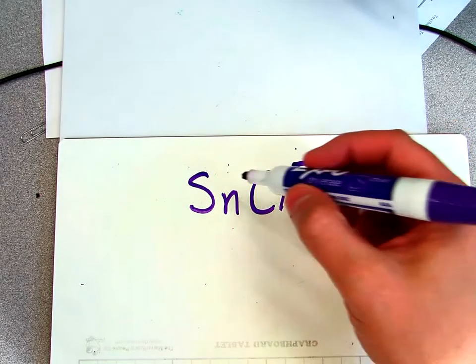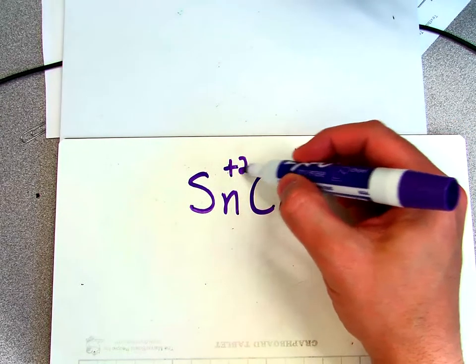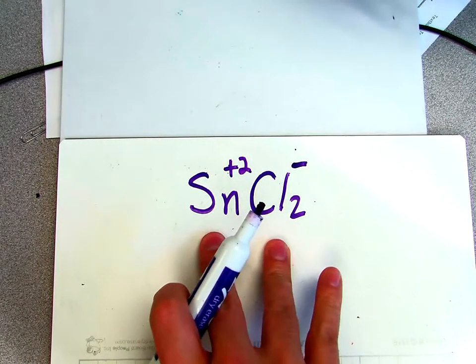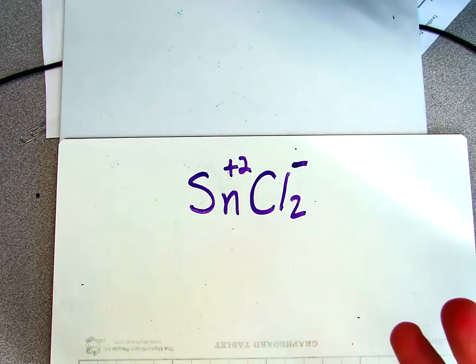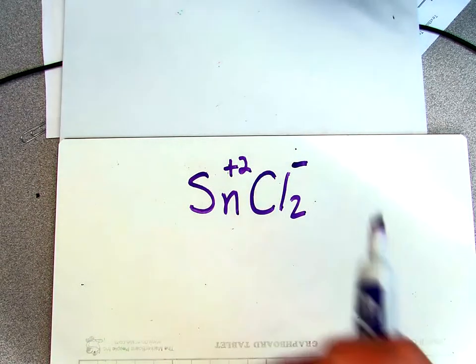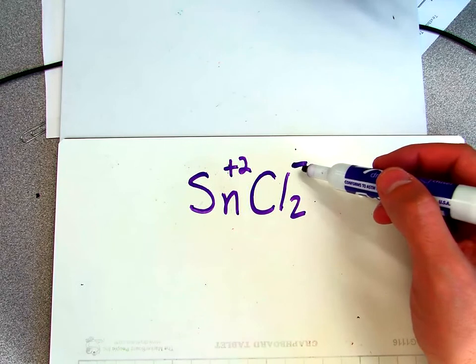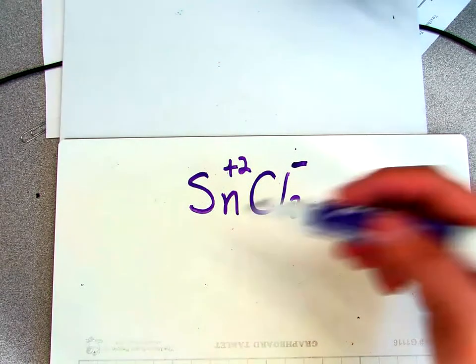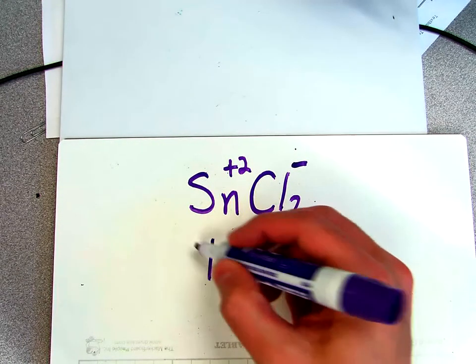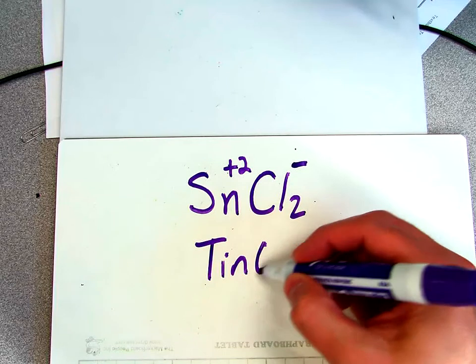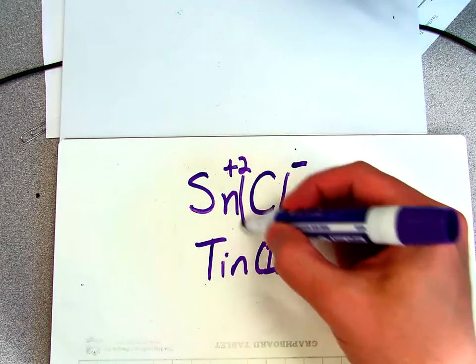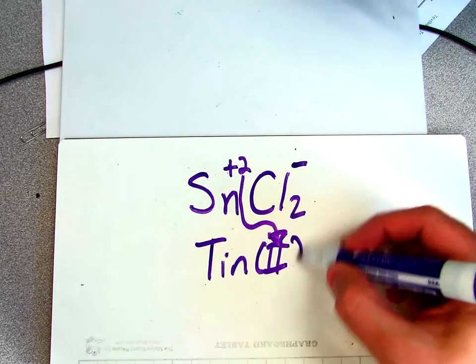We've got 2 -1s, so that means this has to be a +2. This whole compound has to end up being neutral. So we've got +2, and then 2 -1s. Gets you 0. So when you work that out, that's going to be tin(II) chloride.